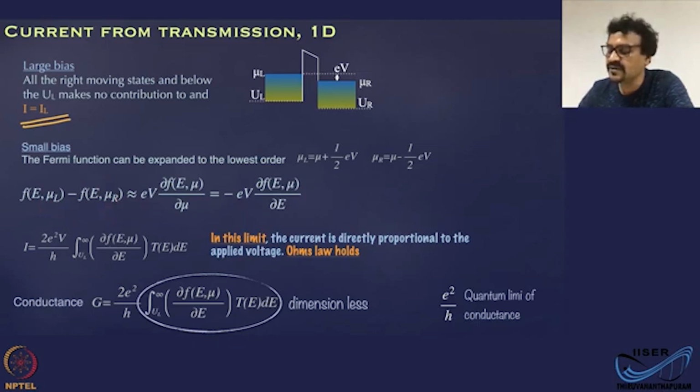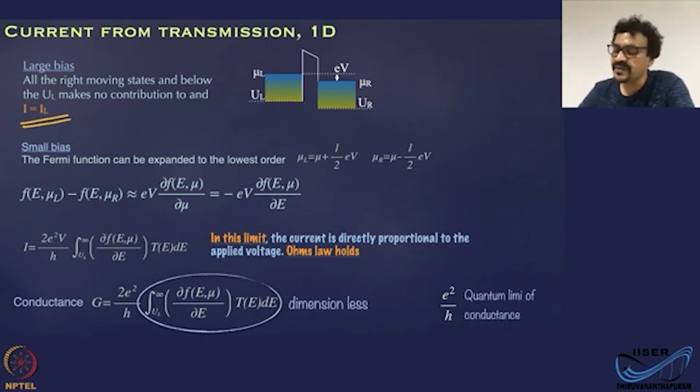This difference in the Fermi function you can write as EV into dF by d mu, which is minus EV into dF by dE, when you convert this mu into the voltage scale, in the energy scale. So then you'll accumulate this minus sign.